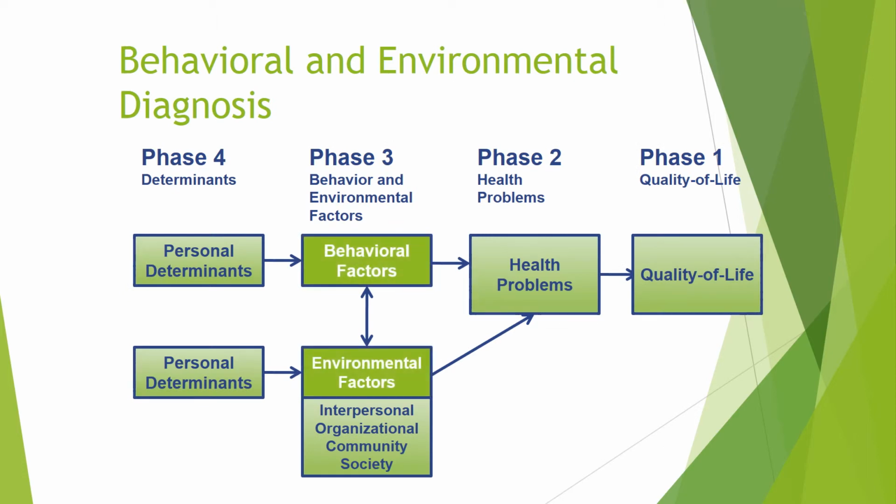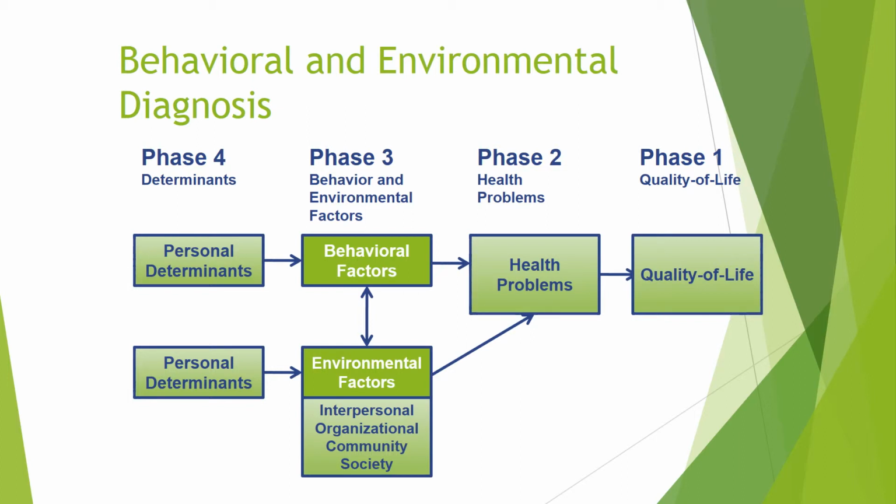Okay, so now we move back to the behavioral and environmental factors. We've talked a little bit about those already in a previous slide. And you can see that the behavioral factors can directly affect the health problems. The environmental factors can either directly affect the health problem or they can affect the behavior.